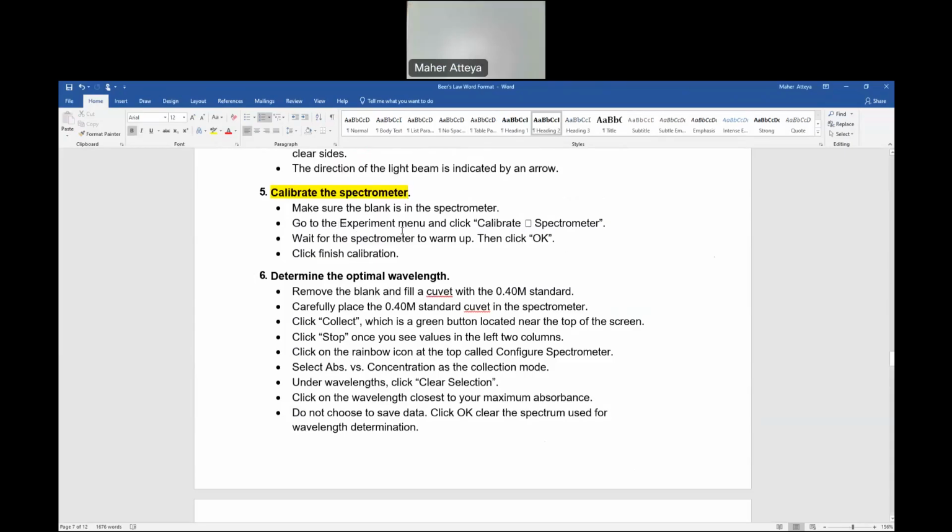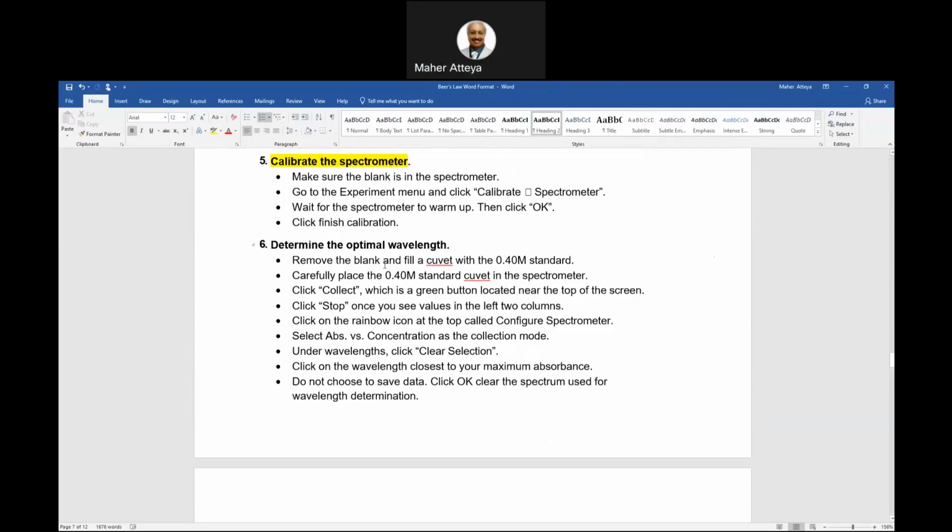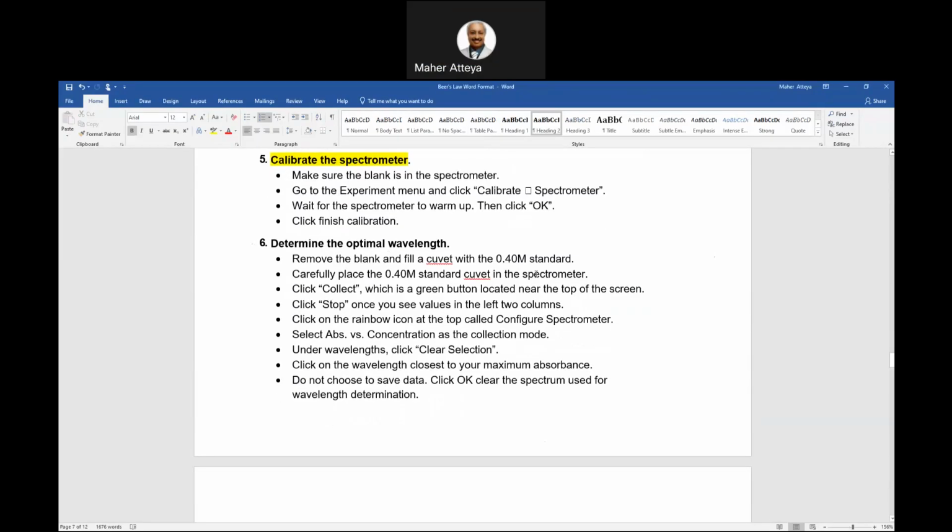So you go to the experiment menu of the Logger Pro, click calibrate, spectrometer, wait to warm up, then click OK. Click finish calibration. Then the next one here, you have to find the optimal wavelength by which the stock solution is being absorbed.